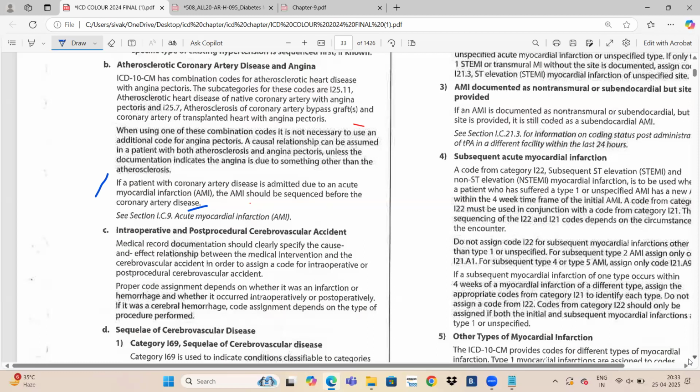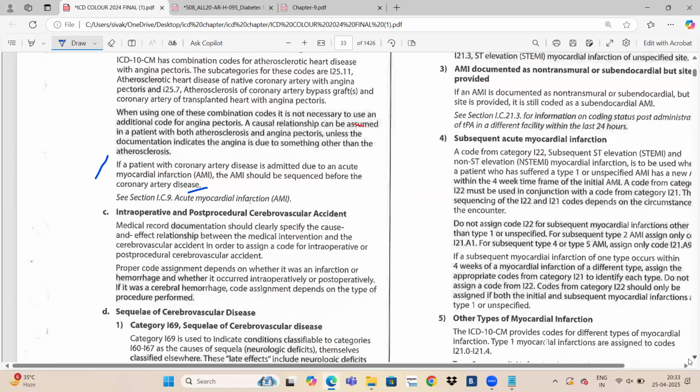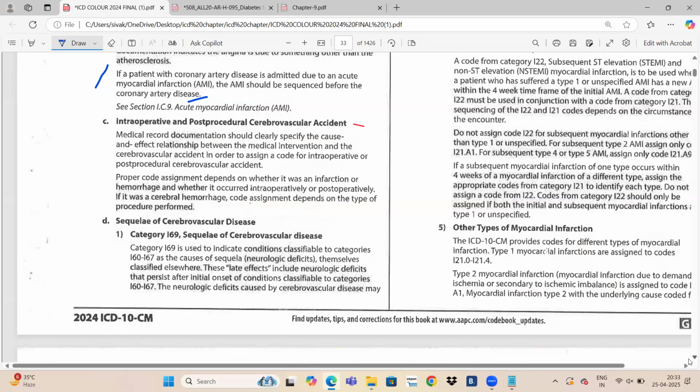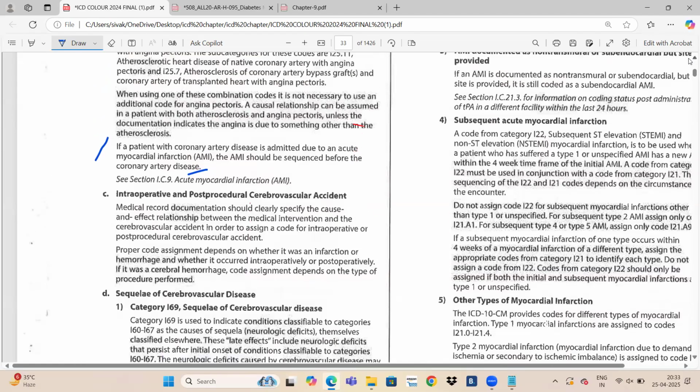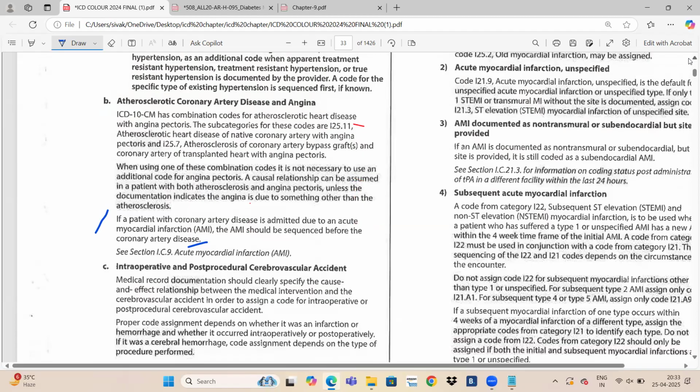Myocardial infarction should be sequenced first. AMI should be before the CAD, which means AMI first, right? Yes, sir. So CAD and AMI means code AMI first in sequence.